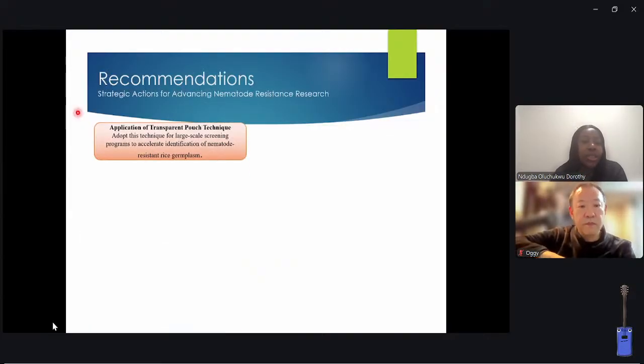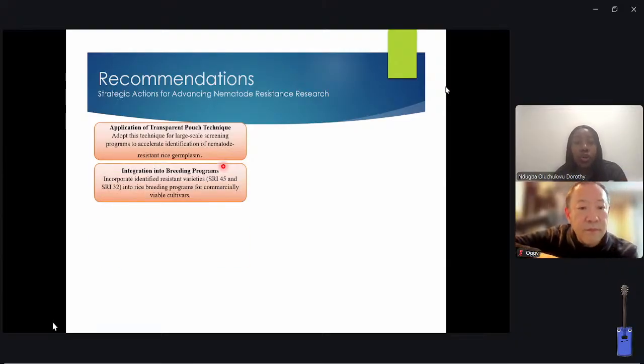So for my recommendation, after my research, I recommend that the application of the transparent paper pouch, which I used for this experiment, should be adopted for large-scale screening programs to accelerate identification of nematode-resistant rice germplasm, and also to incorporate the two rice varieties that I found to be resistant, that's SRI 32 and 45, into rice breeding programs for commercially viable cultivars.